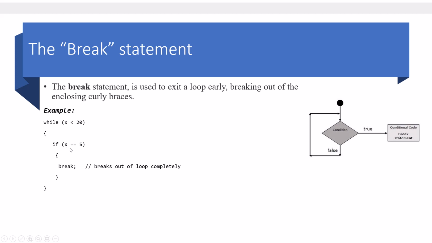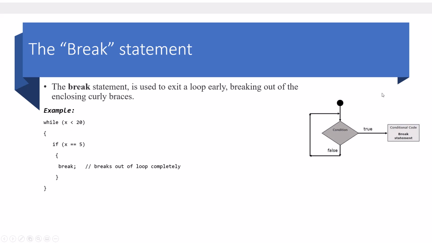Means only when x is equal to 5, it will go into this block and break out of this while loop completely. So it won't check the next x values in this while loop. So if these kinds of situations are there, we can use this break statement to come out of the loop.